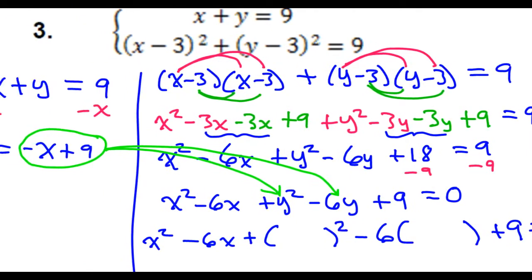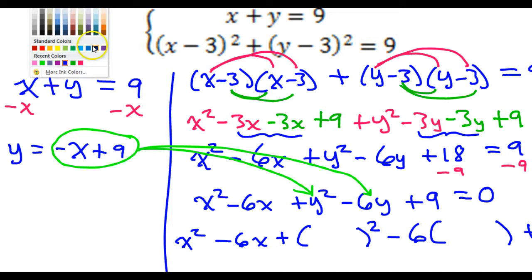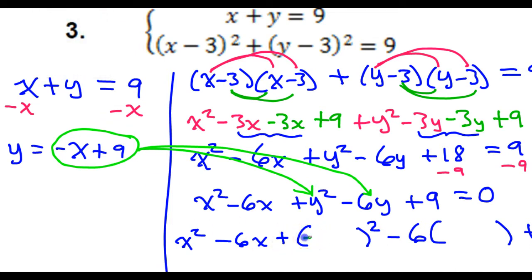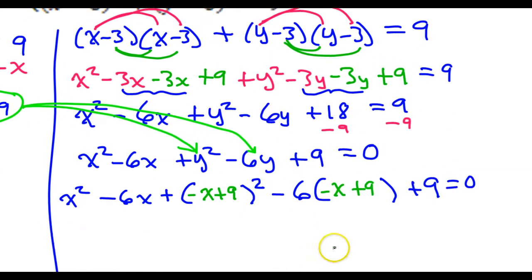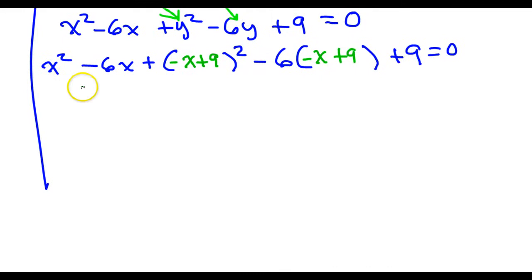Remember, y equals negative x plus 9. So that's what I'm going to substitute. So I have negative x plus 9, negative x plus 9. Now I have an equation with only one variable in it. So I should be able to solve this for x, even if it takes a little time.